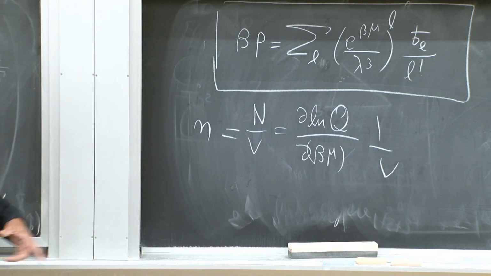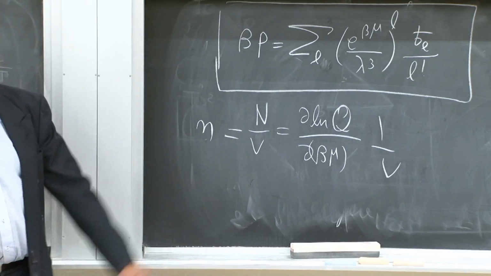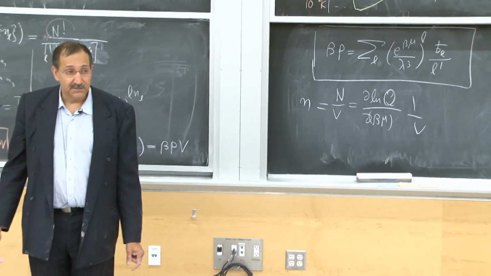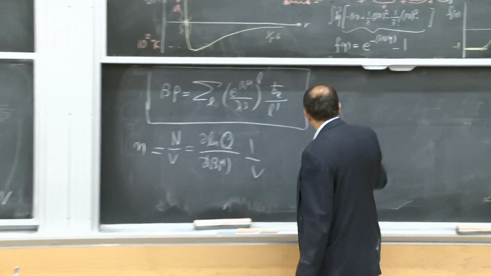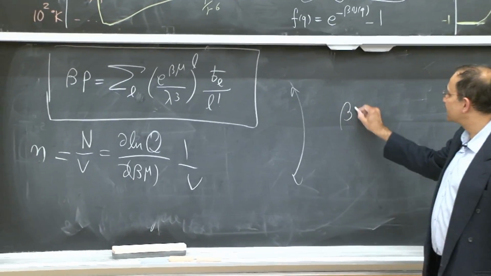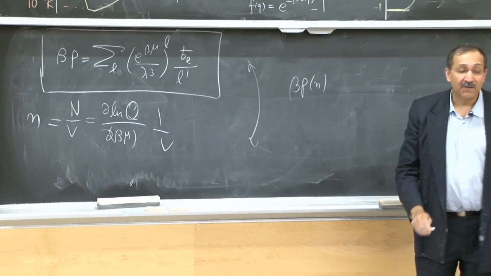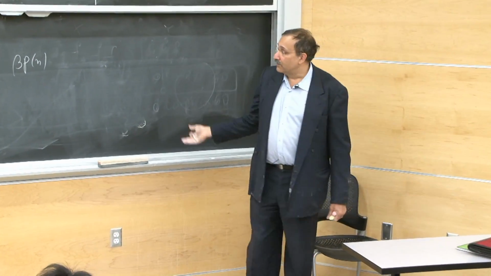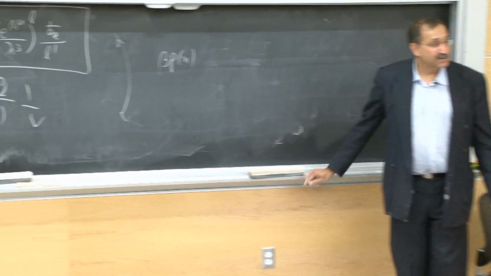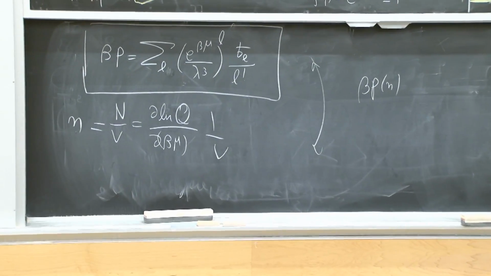And so the answer for this will also be a series in powers of e to the beta mu. And what I will then do is combine these two series to get an expansion for pressure in powers of density, and then identify the convergence of the series and all of that via that procedure. Okay?